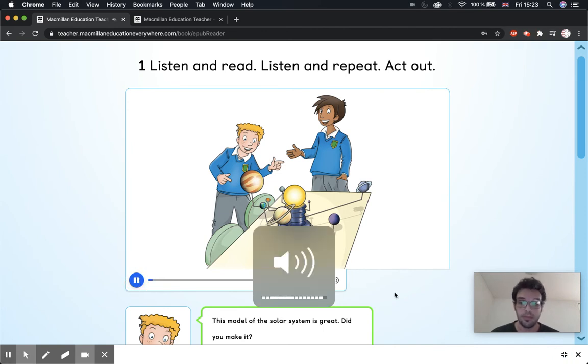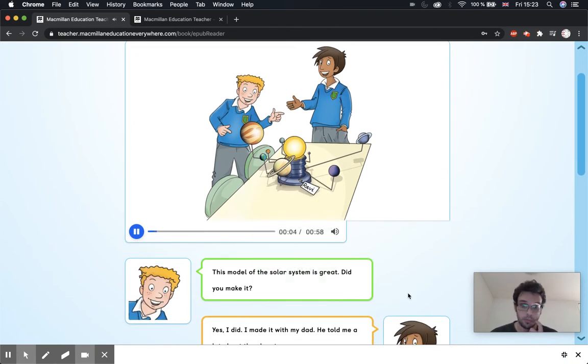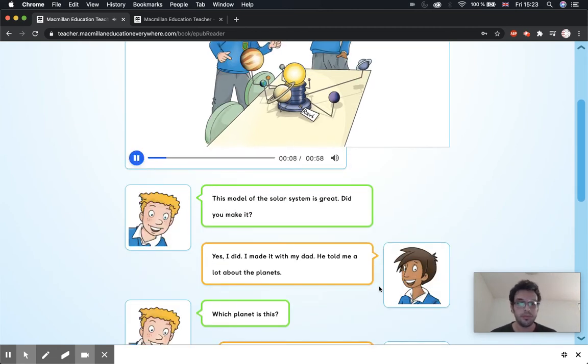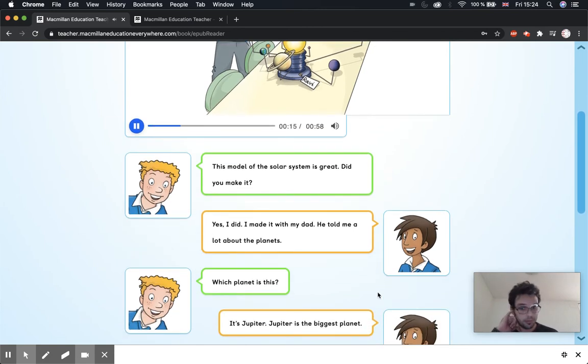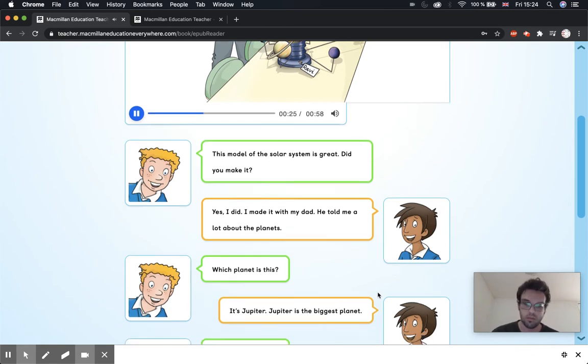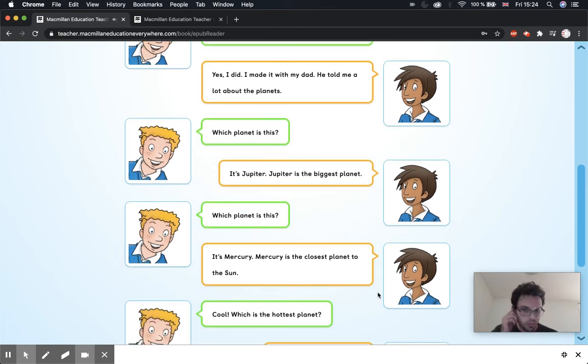This model of the solar system is great. Did you make it? Yes, I did. I made it with my dad. He told me a lot about the planets. Which planet is this? It's Jupiter. Jupiter is the biggest planet. Which planet is this?